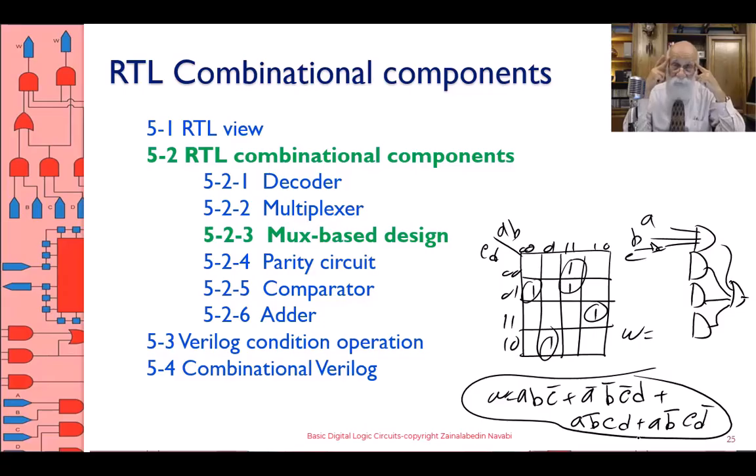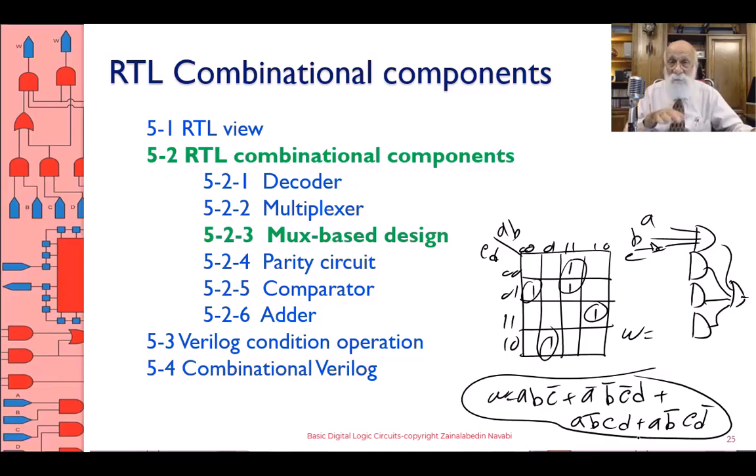Something you can do is implement this using multiplexers. So the whole thing, instead of having discrete logic, little pieces of logic all over the place, you can have a multiplexer to implement this completely. We're going to come back to this. All right.